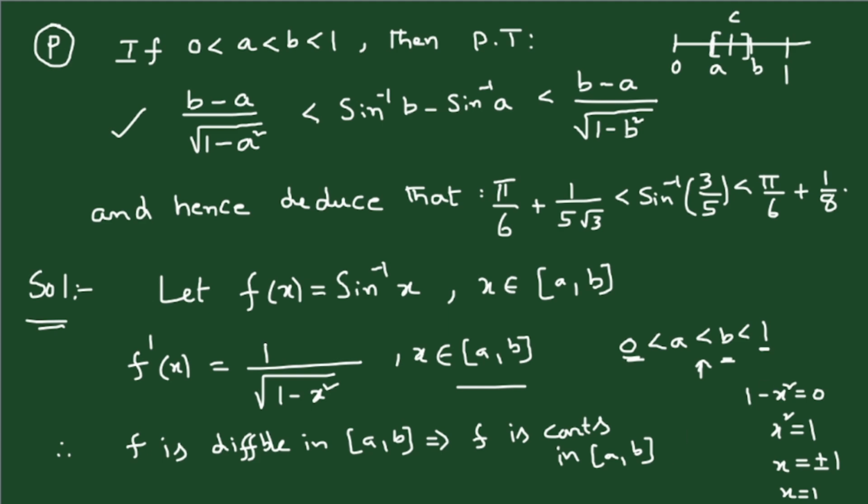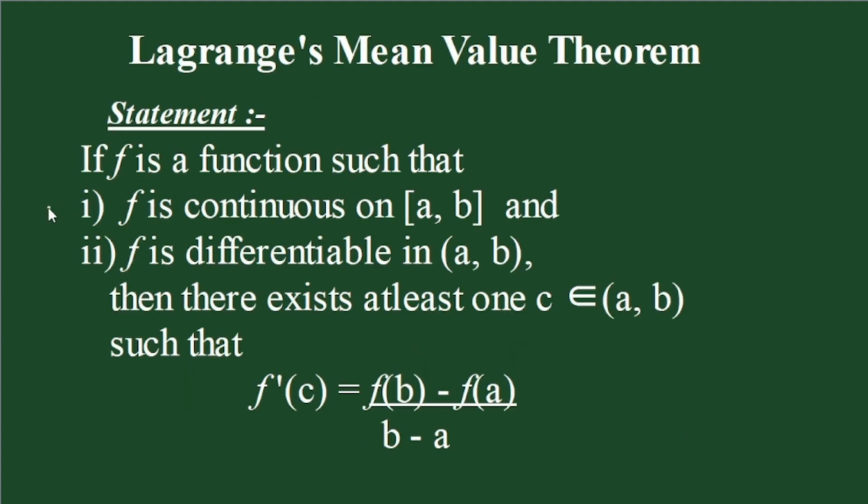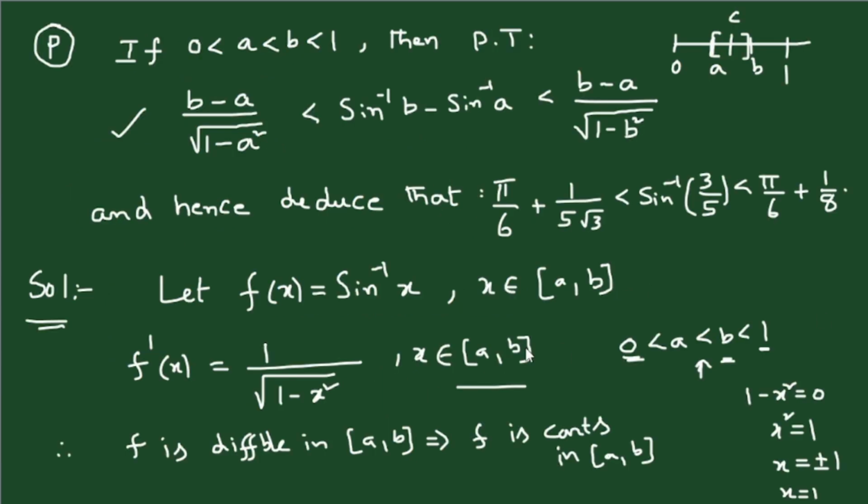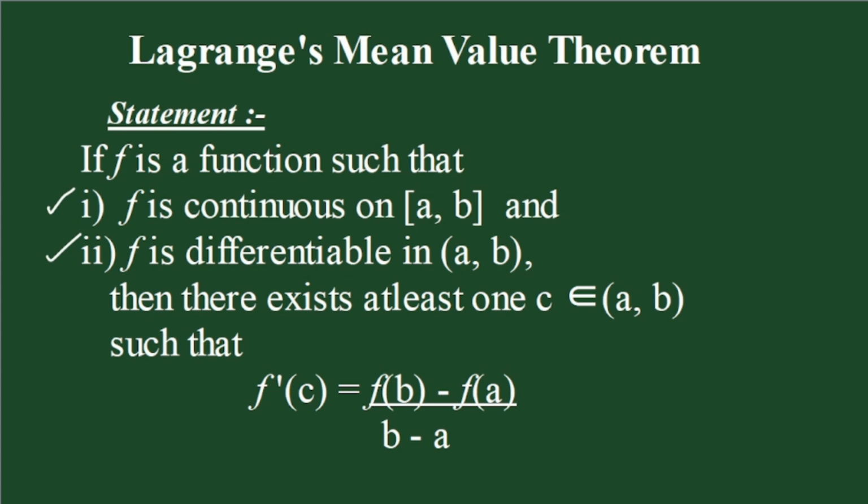So the first two conditions of Lagrange's mean value theorem are satisfied for this particular function. Therefore, we can use the conclusion that we can find a C in between A and B that satisfies this equation.